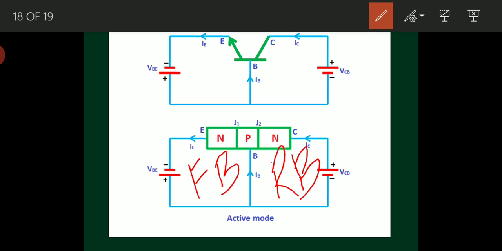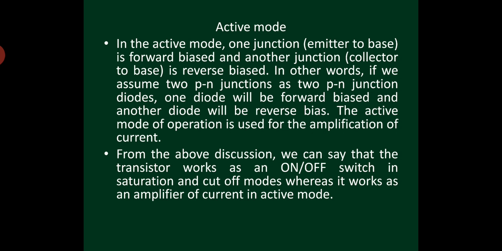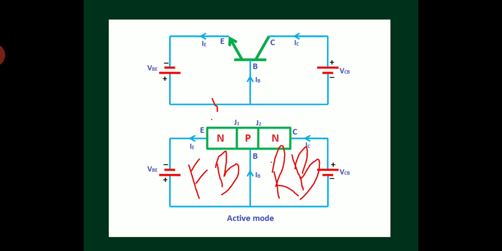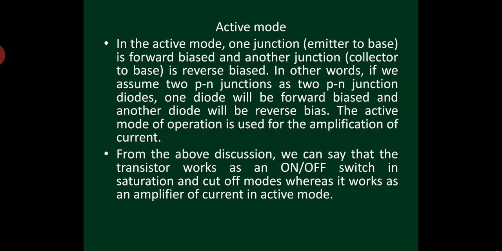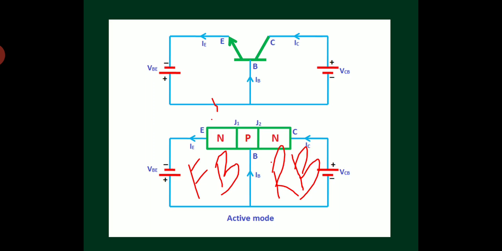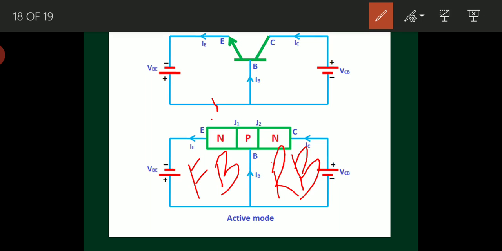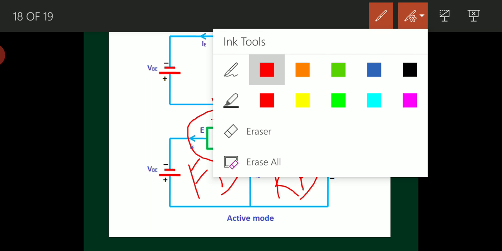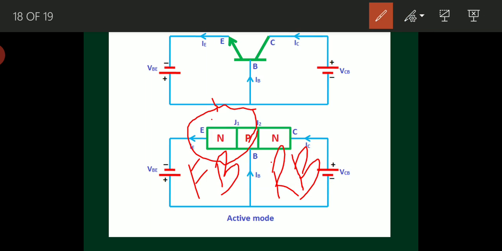So we can assume it as two PN diodes. This is one PN diode, and this is another PN diode.